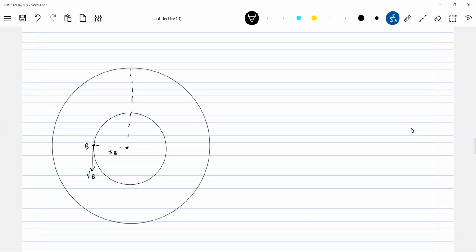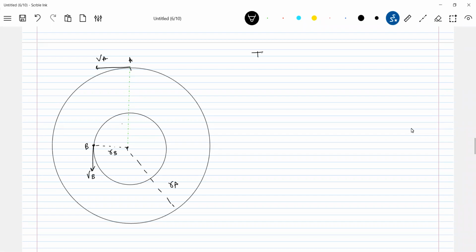Let both move in the same sense, and this position vector, let it be RA. Now we have to calculate angular velocity of A with respect to B. I think you can directly apply that particular formula here, no?